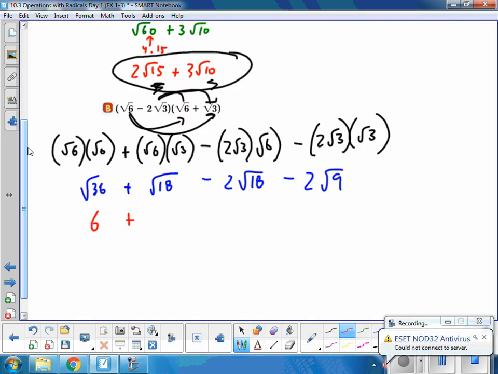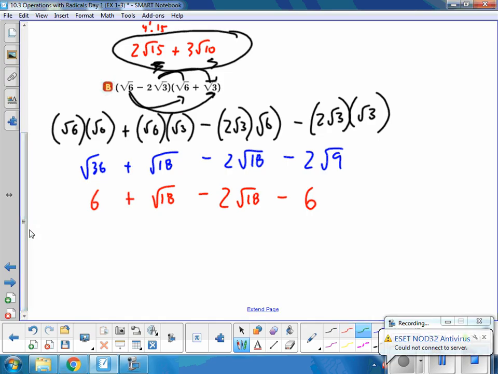I'm going to leave that alone. Can't really find any perfect squares. 4? No, 4 doesn't work. All right, I have to leave that one alone. 2 times 18, that's going to stay. And this one does factor out. The 9 becomes 3, so 2 times 2, this becomes 6.